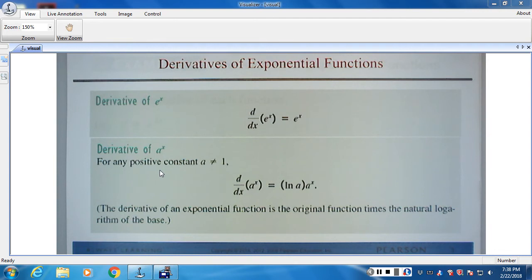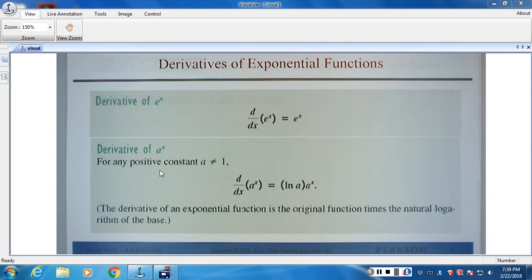The derivative of e, which is the natural logarithm of 1, the derivative of e raised to the x power is e raised to the x power. It is its own derivative.